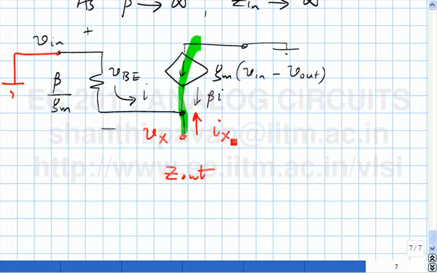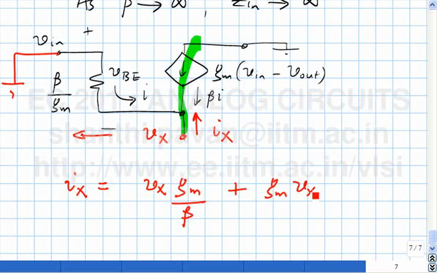Ix, and if I apply Vx, what is the current flowing like this? Ix is nothing but Vx times Gm by beta plus Gm Vx. So this output is nothing but Vx, the input is nothing but ground.